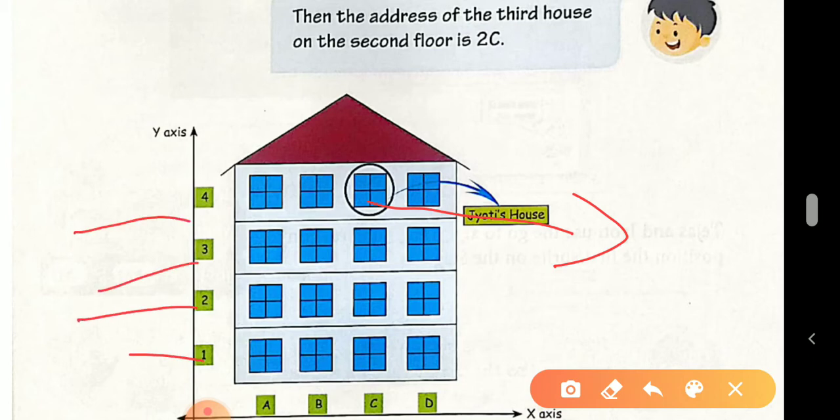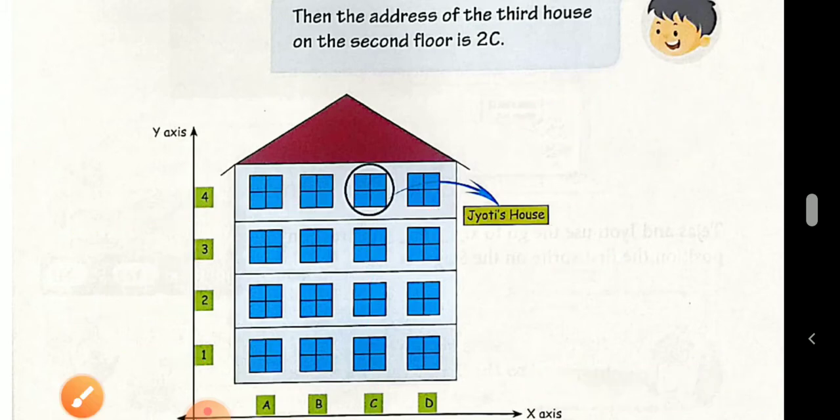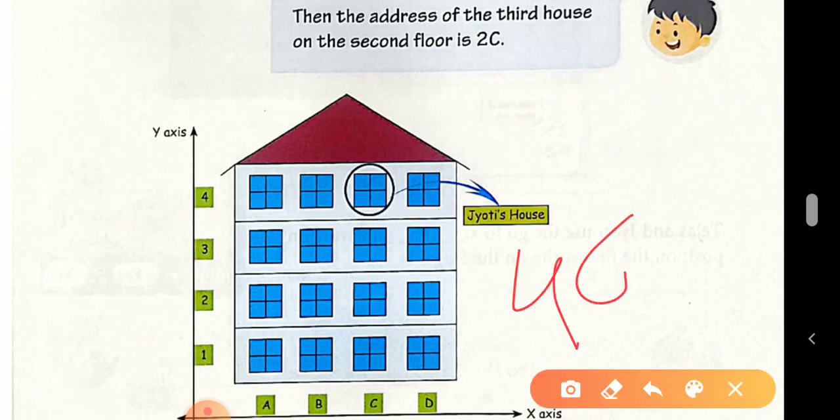Which floor is Jyoti's house? The fourth floor. And the house name is C. So Jyoti's address is 4C.